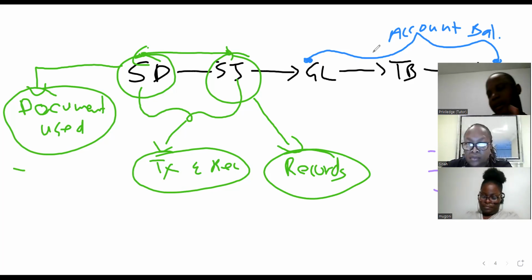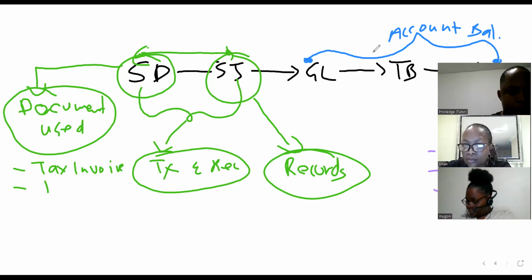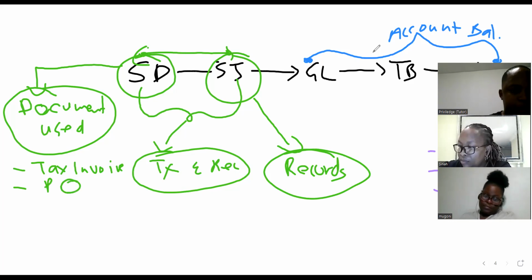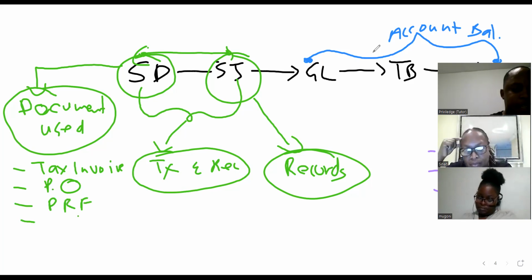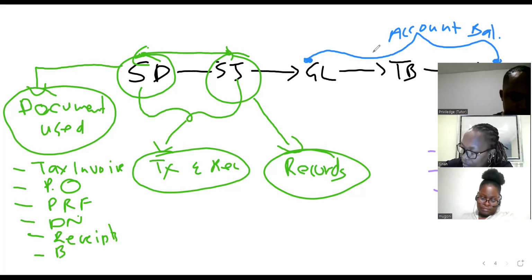In the source documents, in this case, we are simply referring to things such as the tax invoice, things such as purchase orders, things such as a purchase requisition form, things such as the delivery notes, documents such as receipts, things such as bank statements.